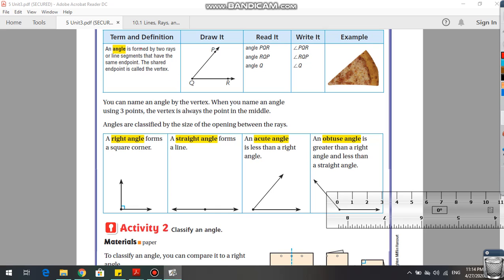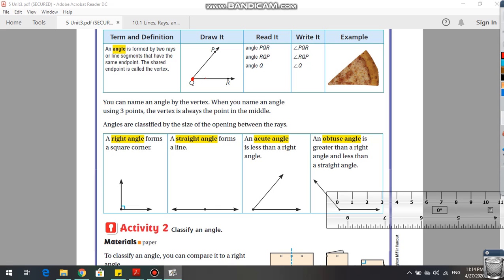An angle is formed by two rays or line segments that have the same endpoint. The shared endpoint is called a vertex. So I have here a ray and another ray, and both of them meet at Q, so they form an angle, and Q is the vertex. The pointed part is the vertex.